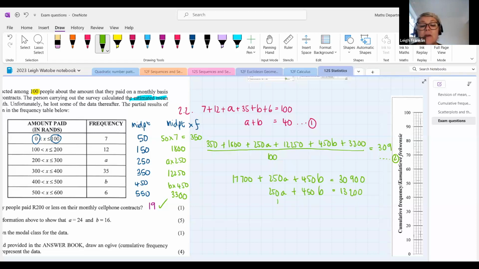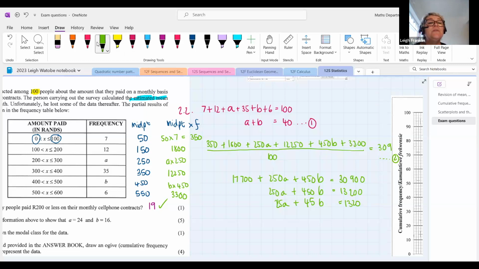That gives me 25A plus 45B equals 1,320. That just gets rid of that. Now, is 45 divisible by 25? No, it isn't, so I can't divide through by 25. I don't need to divide through anymore, I just wanted to make the numbers a little bit smaller.